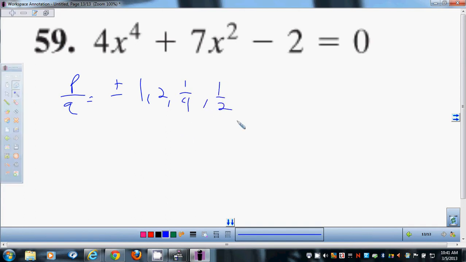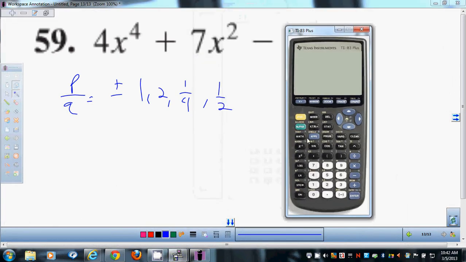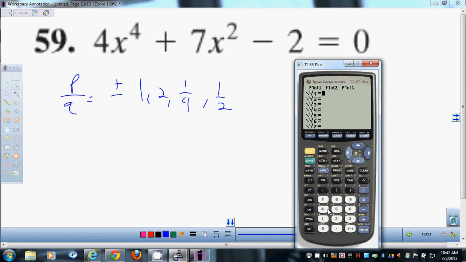Now again, you can do this on your calculator now. I'll do it both ways. On your calculator, if you do 4x to the 4th plus 7x squared minus 2 graph, we need to find those 2 roots. At least the 2 that are showing up there.